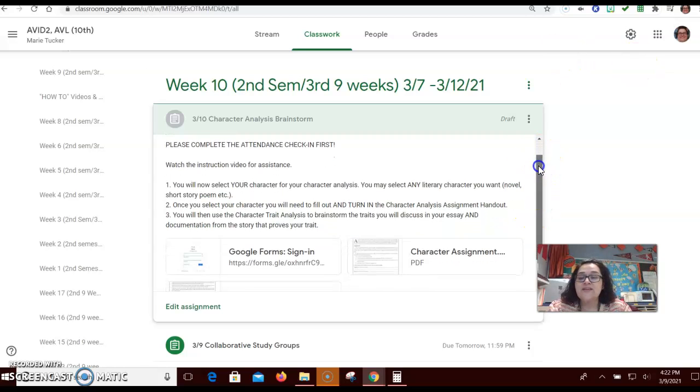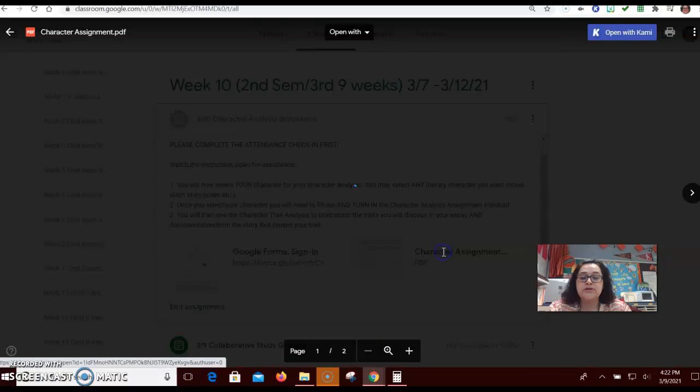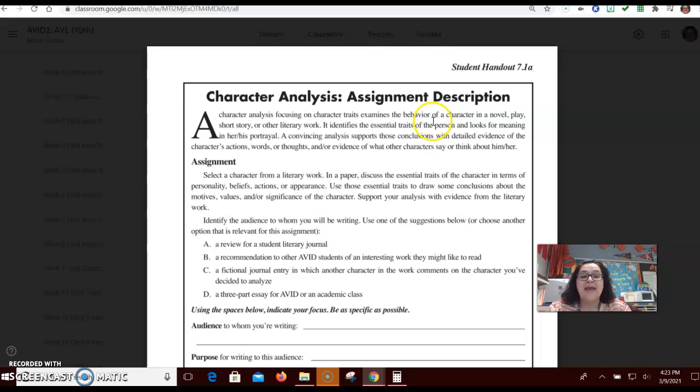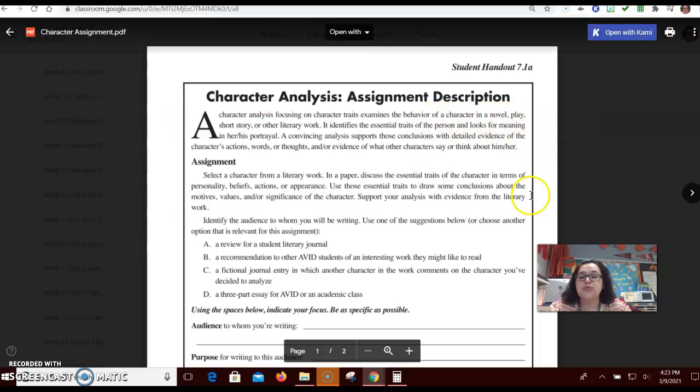So I know you already saw this handout, guys, but this is the character analysis assignment. It says character analysis focusing on character traits examines the behavior of a character in a novel, a play, a short story, or other literary works.